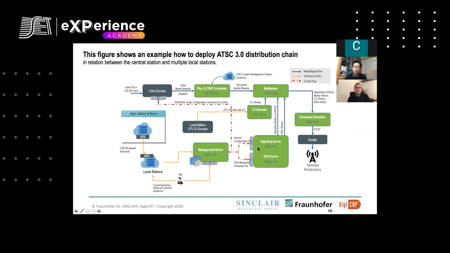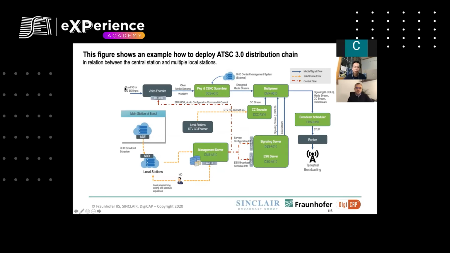This diagram is a typical deployment of ATSC 3 in a distribution chain. I took an example of one of the Korean deployments: the main station at the metropolitan area, and then multiple local stations. Here, as you can see, all those architecture components are connected, and in the middle is a signaling and management server. The blue line represents the media flow.